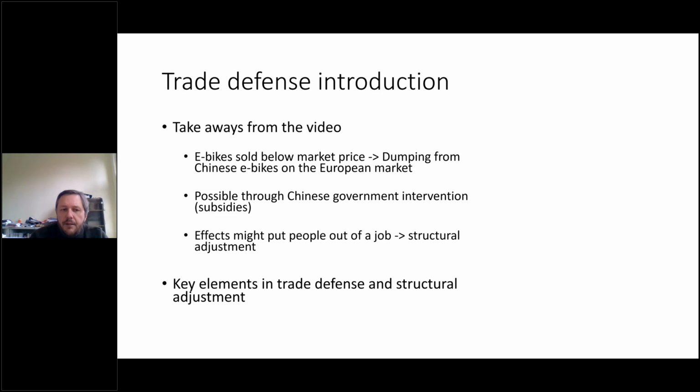And the effects might be that people are out of a job. So very sudden changes in trade can create quite important economic effects.